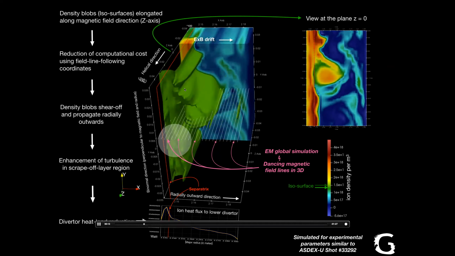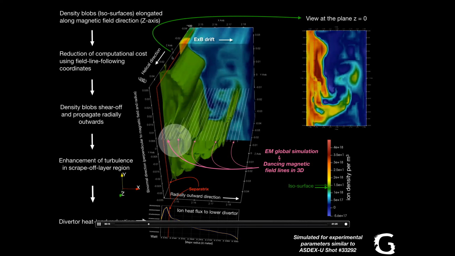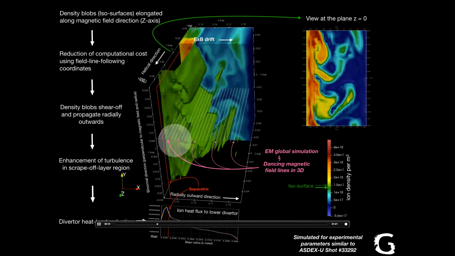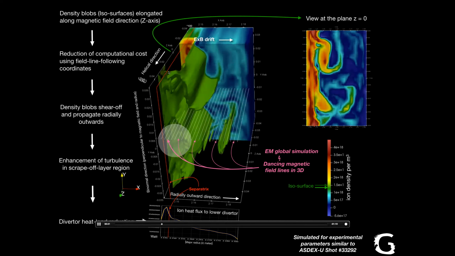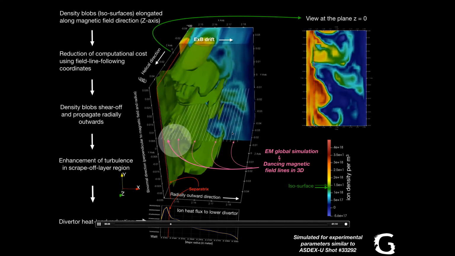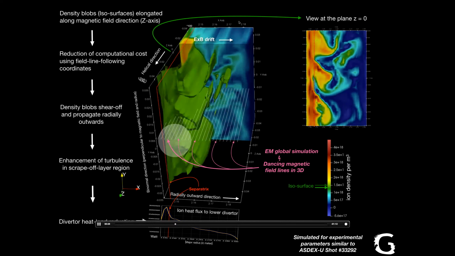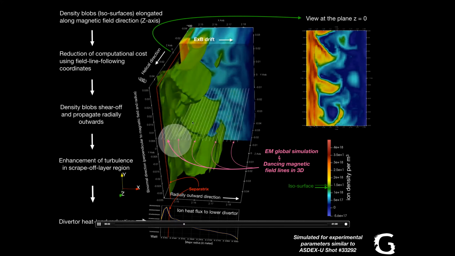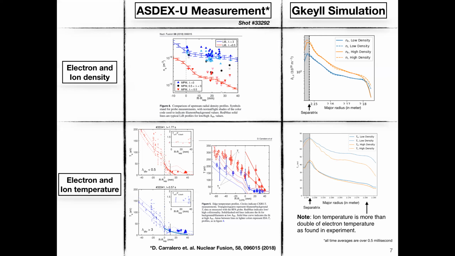The density filaments shear off from the separatrix region, that is this red dotted line, and propagate in the far SOL, or scrape-off layer, region, thereby enhancing the turbulence in the open field line region. Here we provide the comparison of our Gkeyll simulation data with the experimental results.